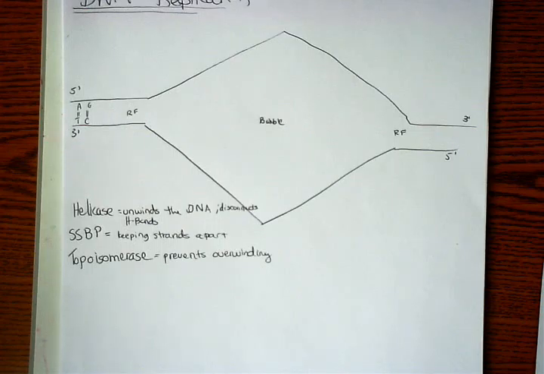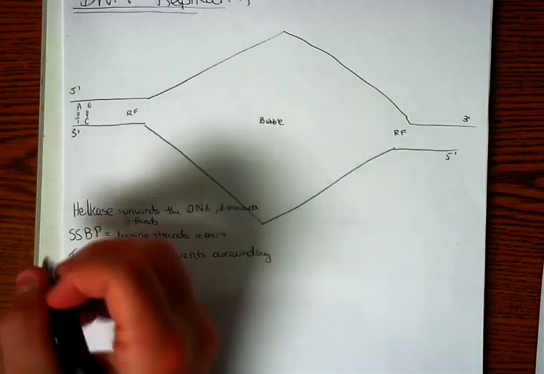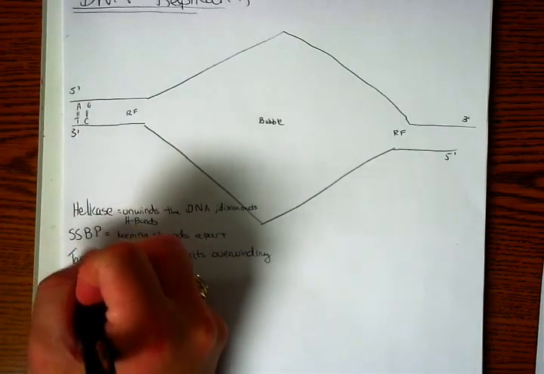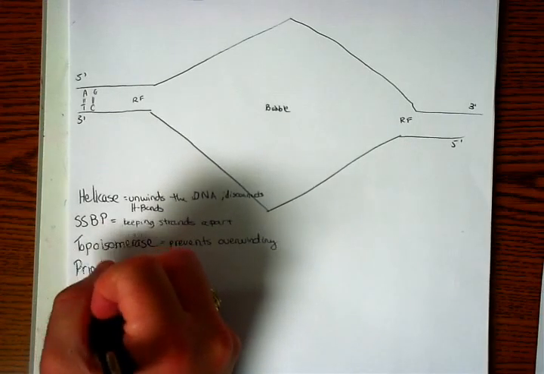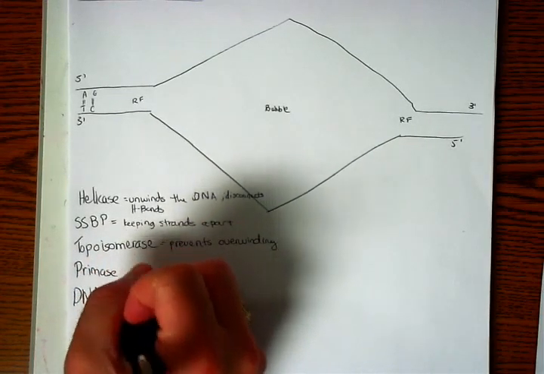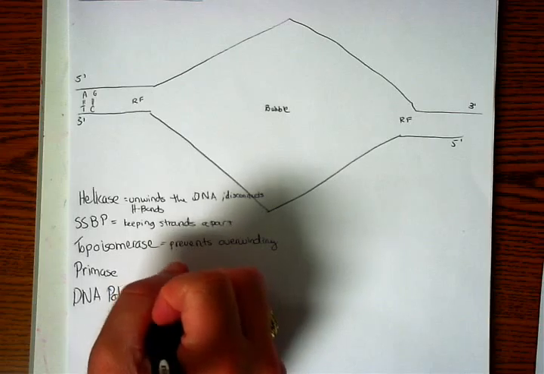And so the next thing that you would do is talk about which ways that you would add in these new nucleotides. And the big enzymes that I want to talk about here, there's actually two. I want to talk about primase, and then I want to talk about the role of DNA polymerase. Does anyone remember what DNA polymerase is doing?